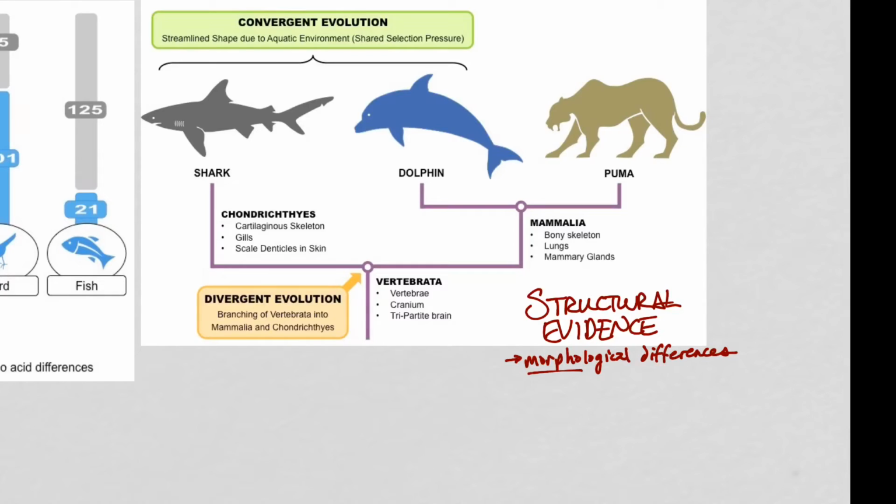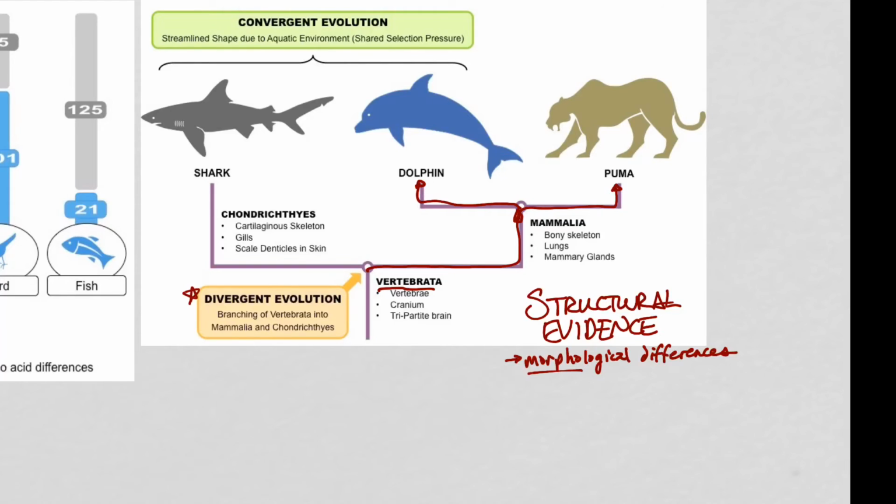So, for example, there are vertebrates that have a vertebral column, like a spinal cord, a cranium, a brain of different parts, and then those branched off into mammals, and then even amongst mammals, we had a lot of different speciation events that led to all of these different kinds of mammals. This is called divergent evolution when we have a branching like this.